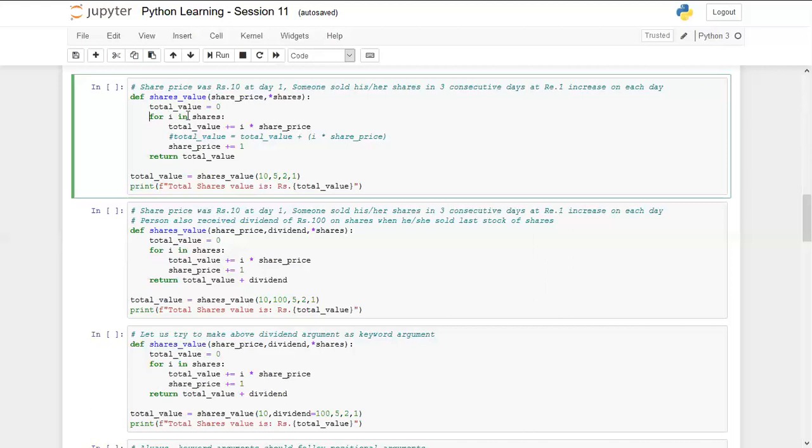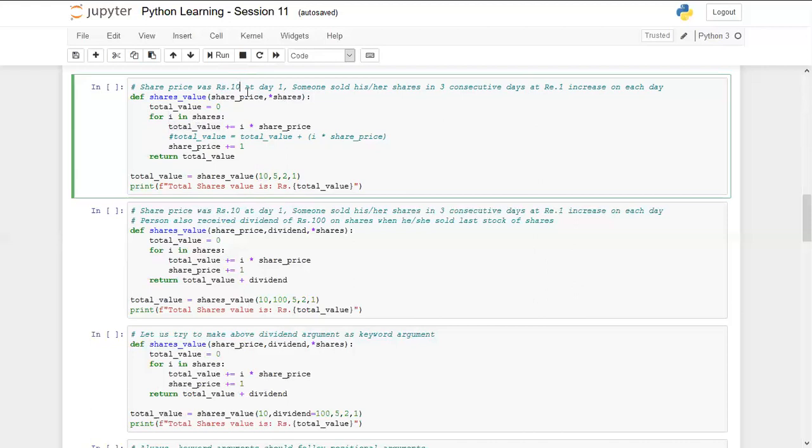Now we are running a loop for *shares, which will hold multiple values. But first of all, let's take a look at the values for the shares and the share price. Share price is a positional argument, so it will take the first value, which is 10, as we defined for the first day.